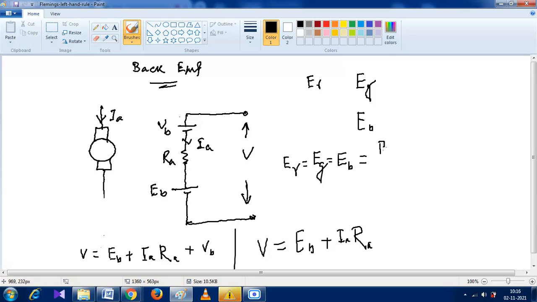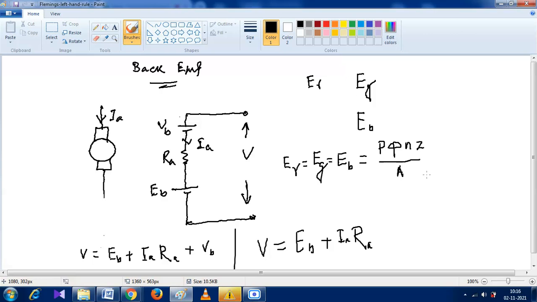P phi N Z by A. This is the equation. I hope it is clear to you all.